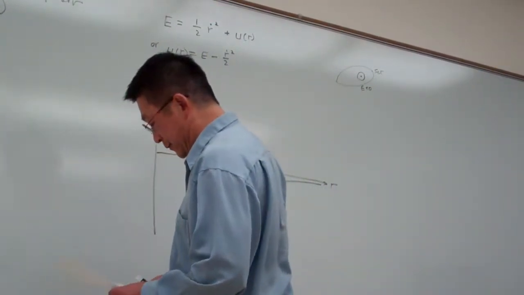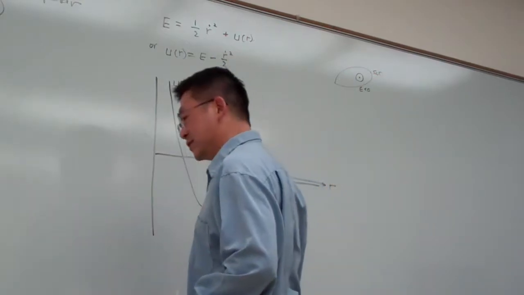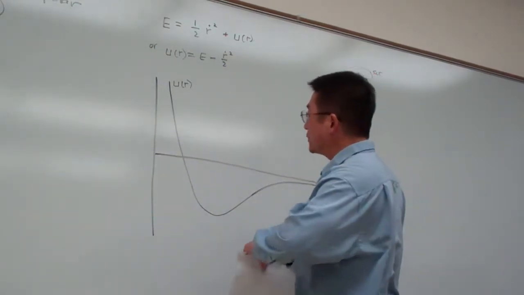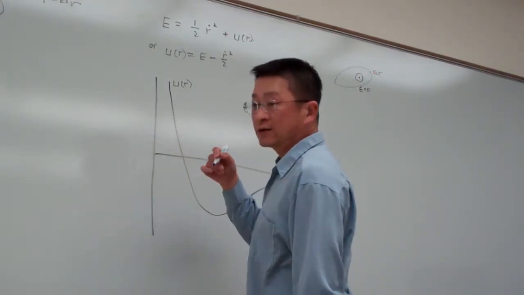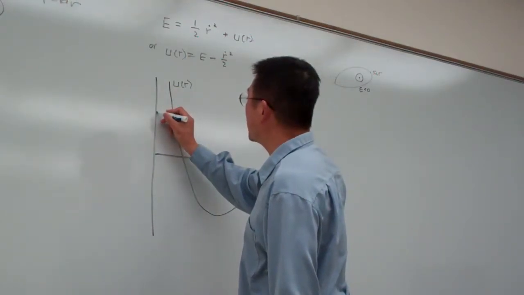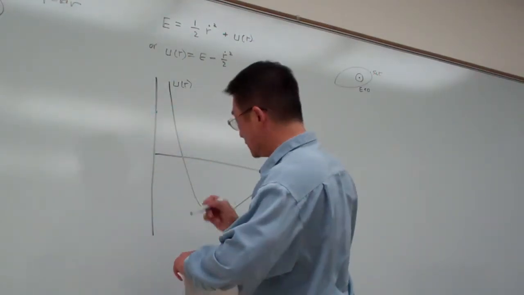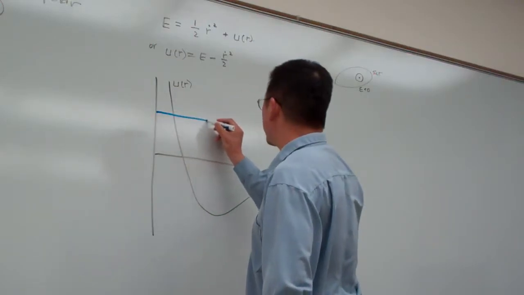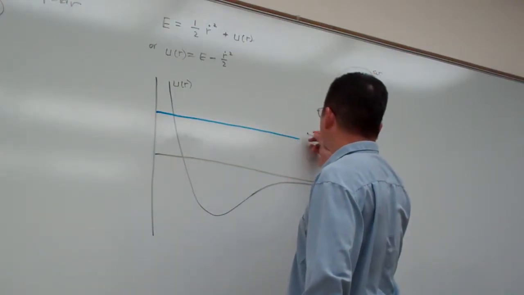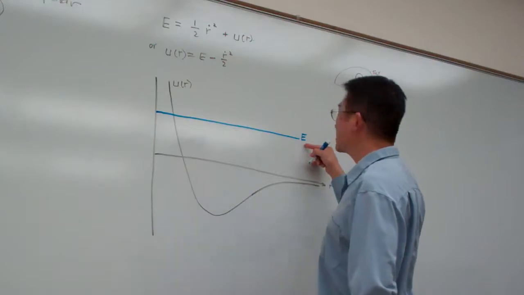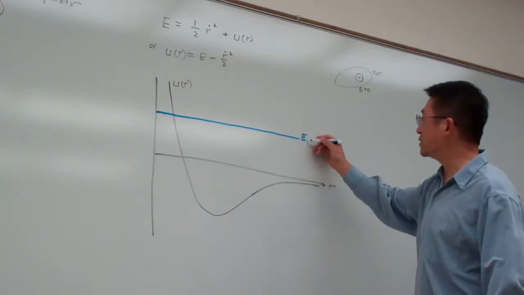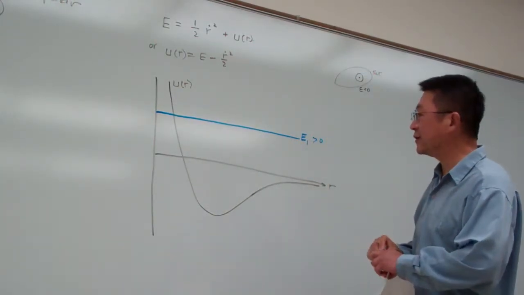The first option is, let me use different colors, if we have a situation corresponding to a positive mechanical energy. Here, let me use the blue line. Let me call the value of the energy E1, and that is a positive value here.